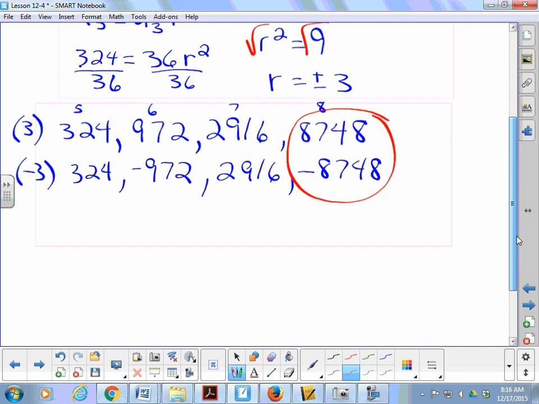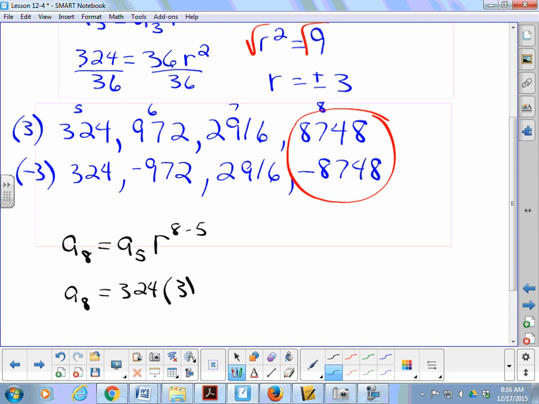So I could do it this way. If I wanted to use a formula, I could say a sub 8 equals a sub 5 times r to the 8 minus 5 power. So a sub 8 equals 324 times 3 cubed, but I would also have to do 324 times negative 3 to the third power.